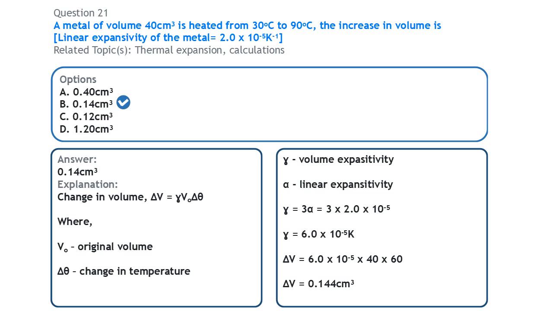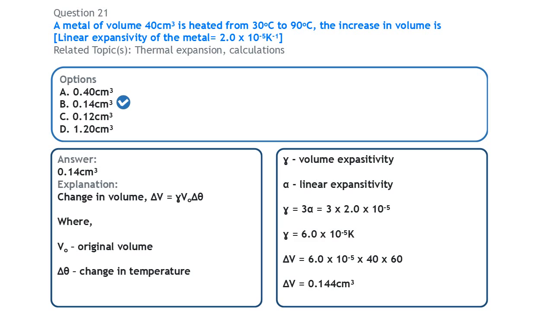However, we do not know the volume expansivity, but we are given the linear expansivity. We can use that to get the volume expansivity. The volume expansivity will be equal to 3 times the linear expansivity. That will be 3 times 2.0 times 10 raised to the power minus 5, which is 6.0 times 10 raised to the power minus 5, and mind you, this is per Kelvin. This is now the value of the volume expansivity.